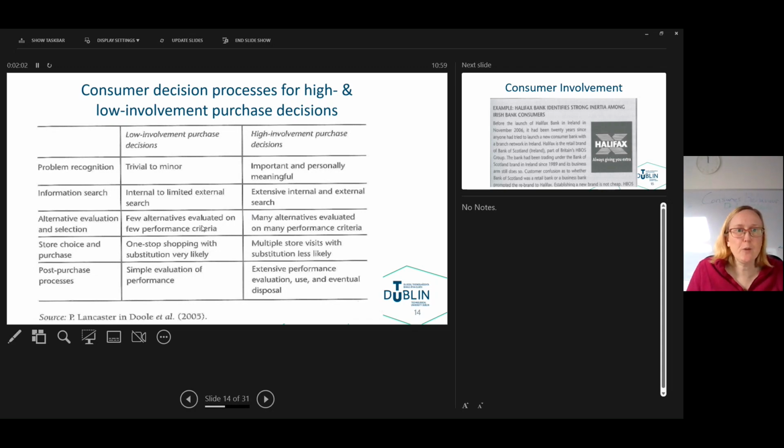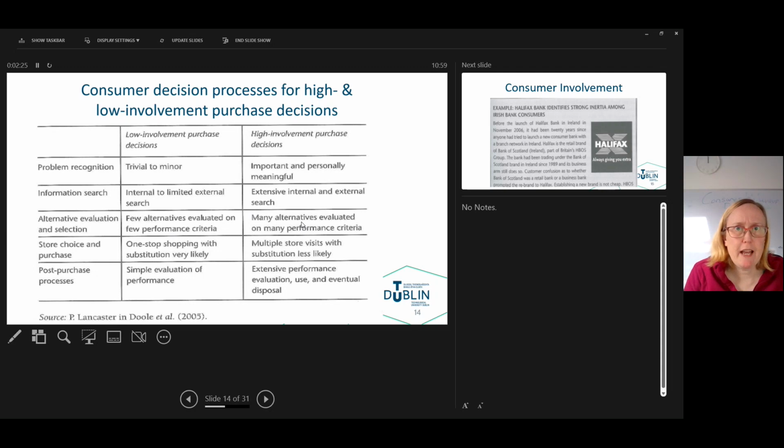When it comes to shampoo, it's a couple of seconds thought process. Whereas high involvement, many alternatives could be evaluated to start with and looking at many different performance criteria. And then narrowing that down in some of that evaluation and so on.